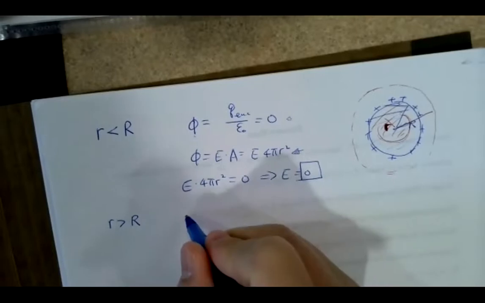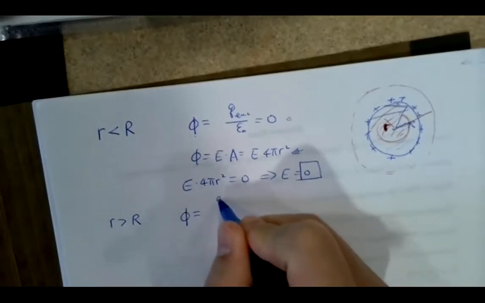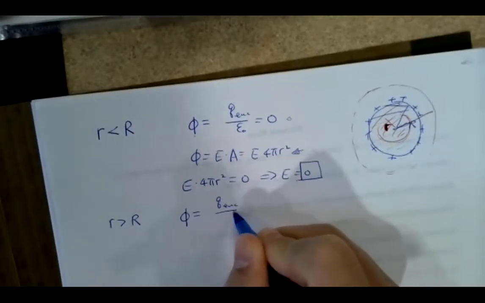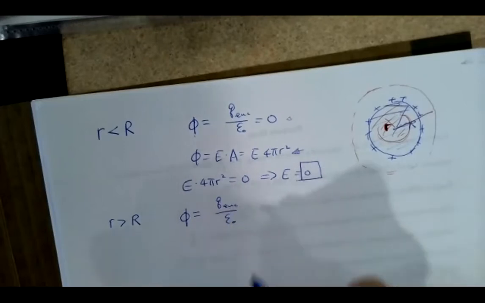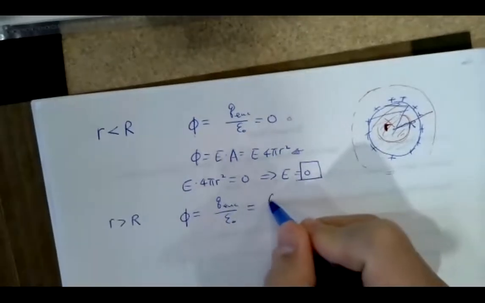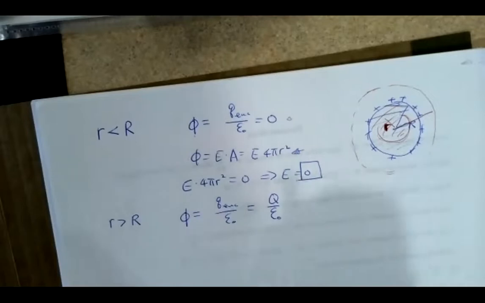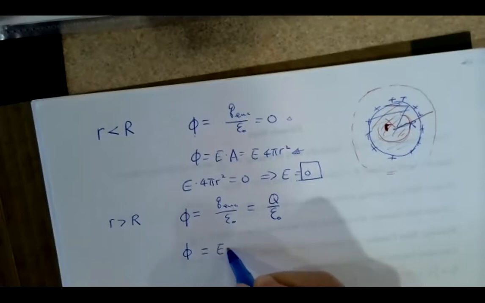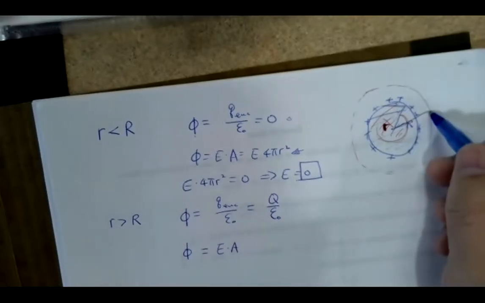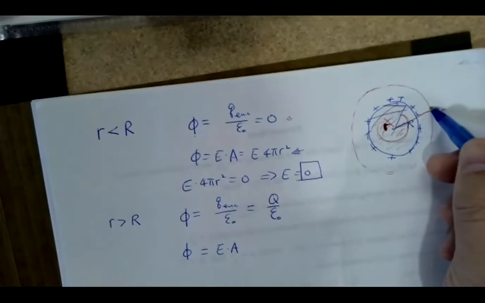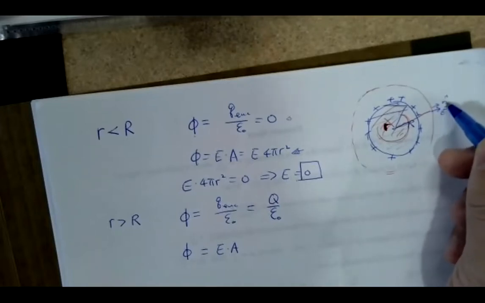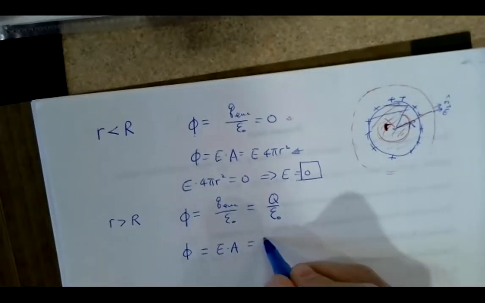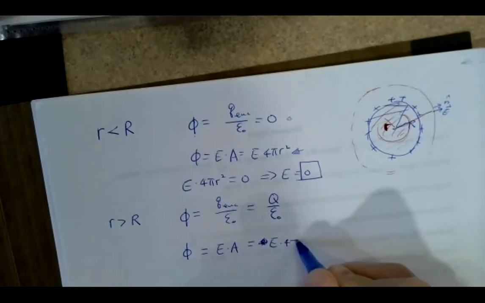Similarly, according to Gauss's law, phi should be equal to Q enclosed, which this time will be capital Q over epsilon 0. Phi from the definition is E times A, because at any point the E field and the normal direction are in the same direction, so it's just E times A, which is again E times 4 pi r squared.